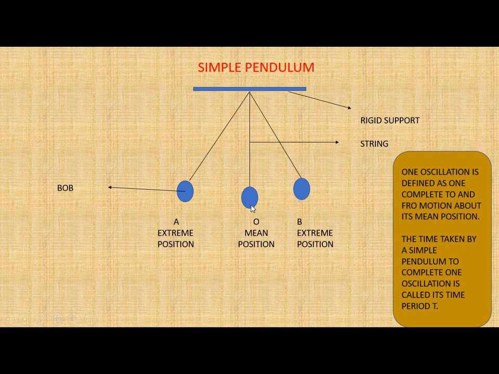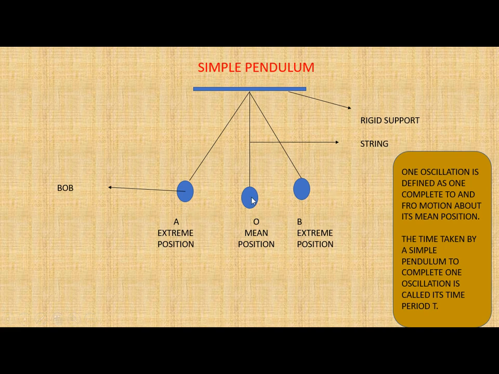So from the starting position, when the bob comes back to its mean position, but it should cover both the extreme positions, then this complete motion is called one oscillation.